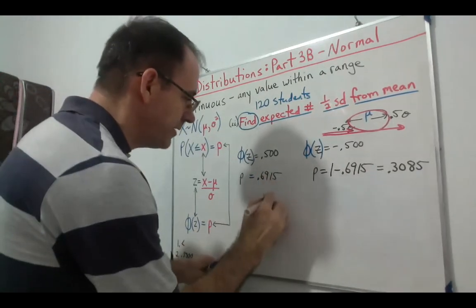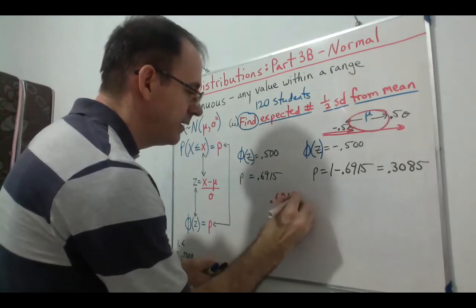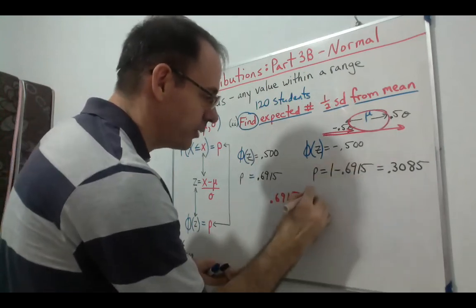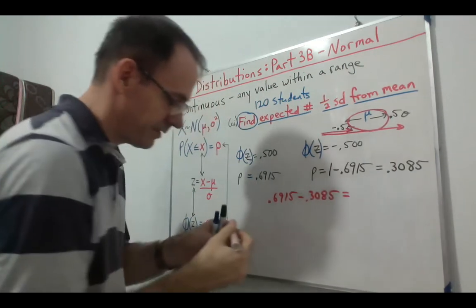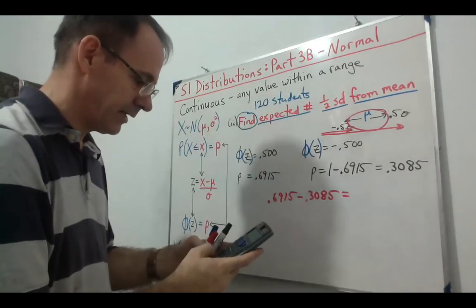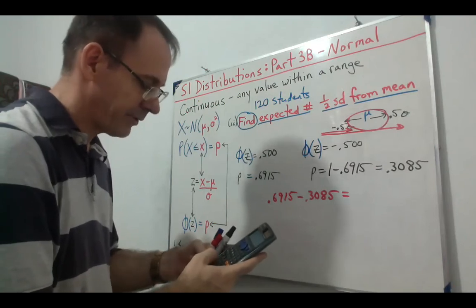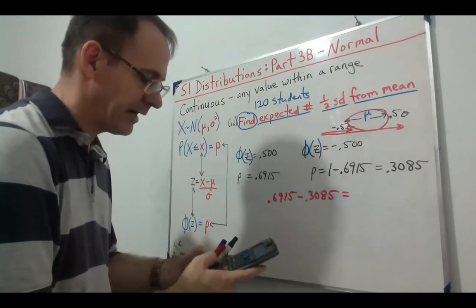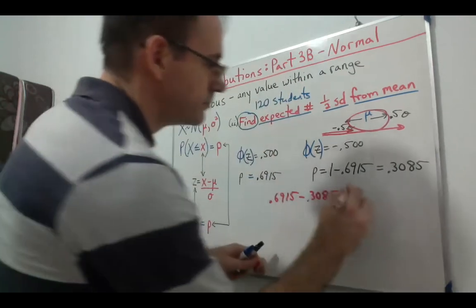Here's the large one, 0.6915, minus the small one, 0.3085. That will give us the between value. So let's do that real quick. 0.6915 minus 0.3085 gives us 0.383.